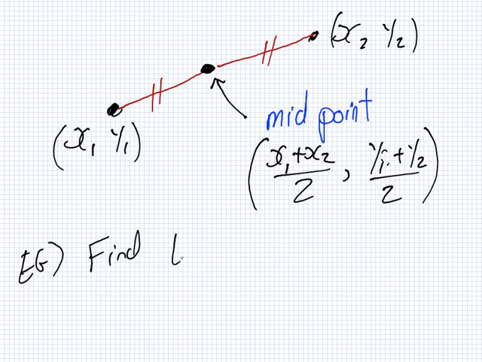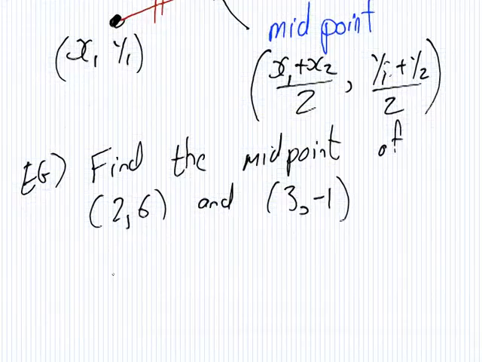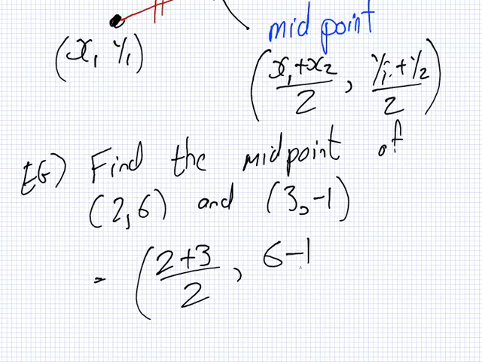So, for example, find the midpoint of (2, 6) and (3, -1). So here the answer would be 2 plus 3 over 2, 6 minus 1 over 2, which would be 3. No, it would not.